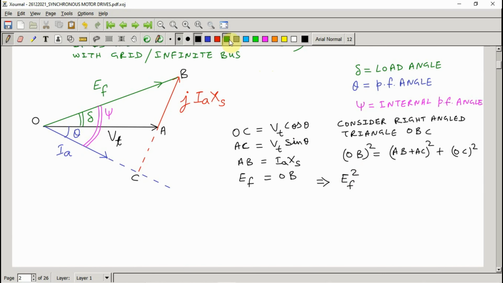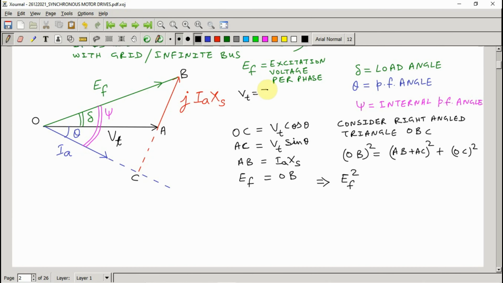Now let me mention here what EF is. EF is the excitation voltage per phase.